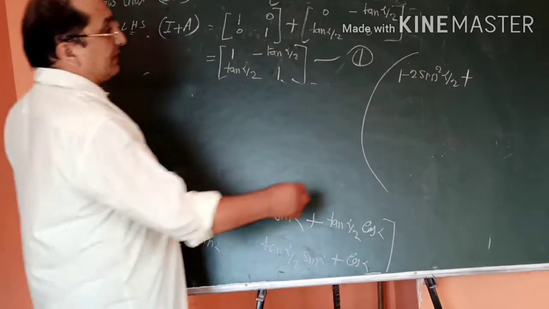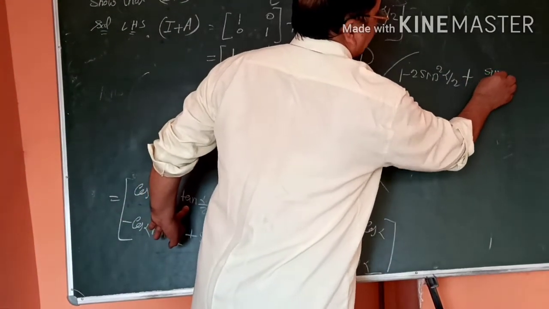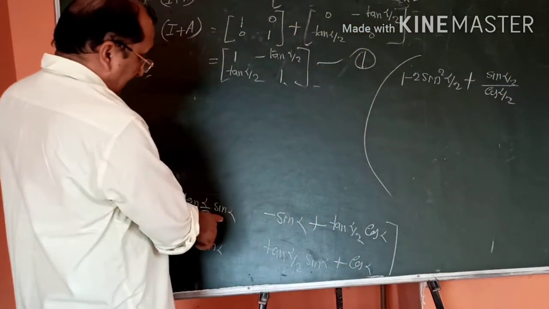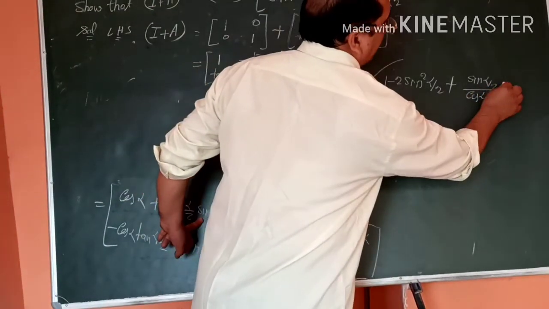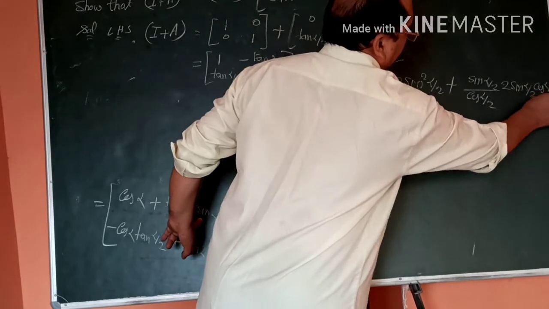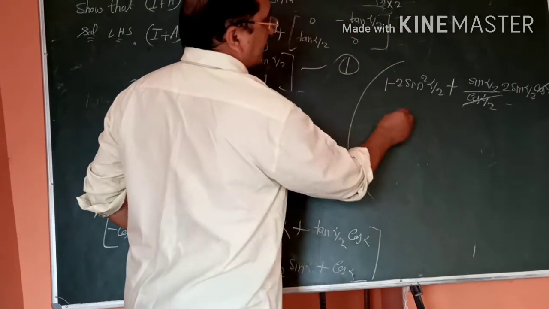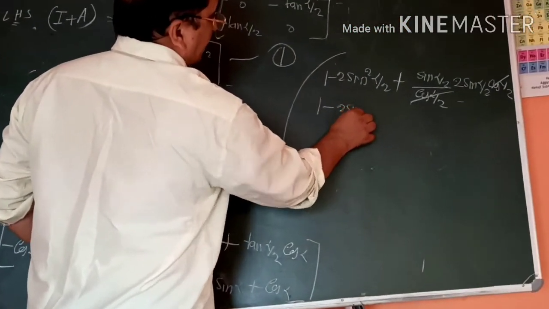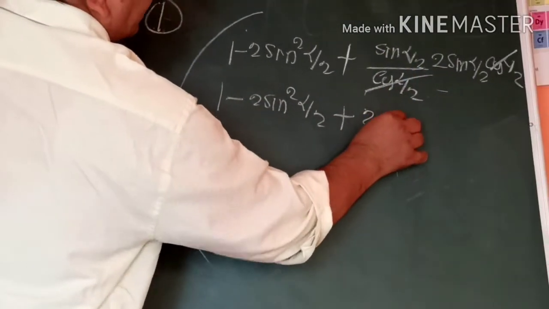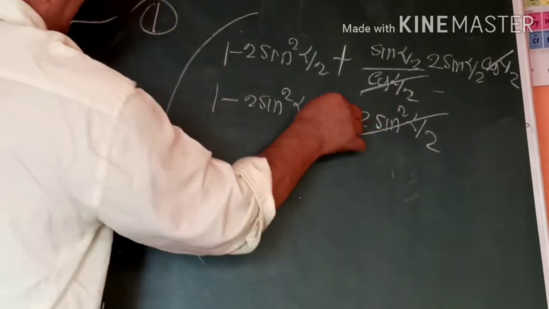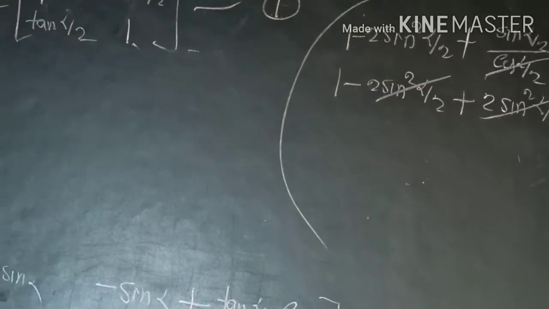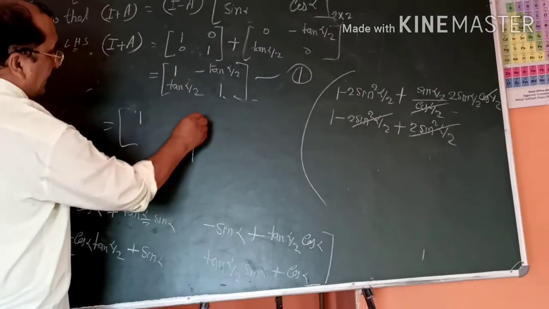Tan(alpha/2) can be written as sin(alpha/2) upon cos(alpha/2), and sin alpha means 2 sin(alpha/2) cos(alpha/2). Cos(alpha/2) and cos(alpha/2) cancel. 1 minus 2 sin square(alpha/2) plus 2 sin square(alpha/2). Again both cancel, only 1 is left. So we got this value and this value are the same, 1, and here is 1 also.